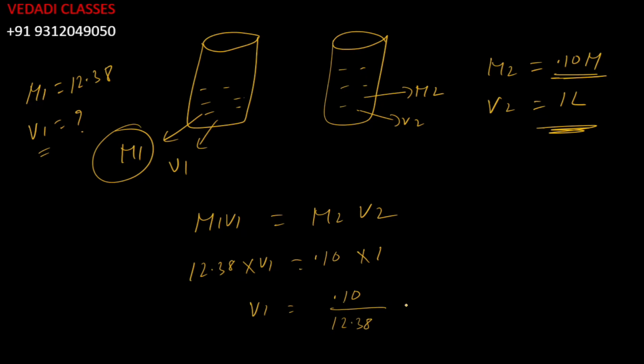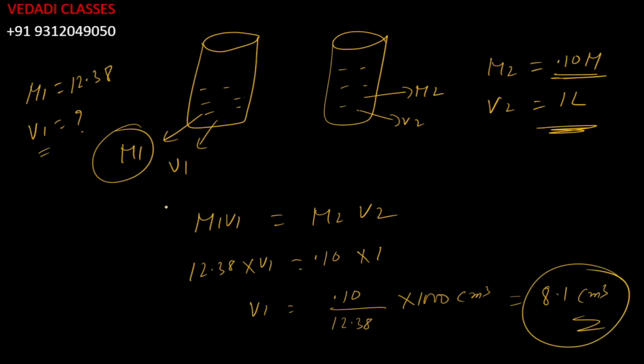If you want it in milliliter, multiply it by 1000, so it will come in centimeter cube. Your answer will be 8.1 centimeter cube. So you have to use this method directly.